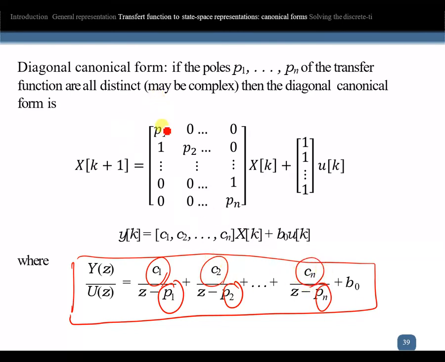In the diagonal canonical form, the poles will be on the diagonal, and the output becomes the numerators of the transfer function, and here becomes 1, 1, 1, 1, all become 1.